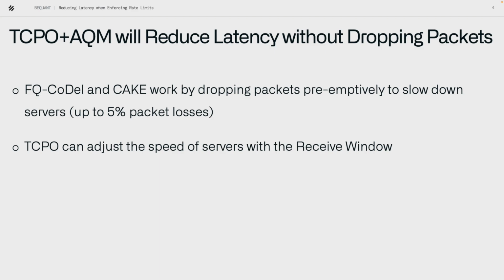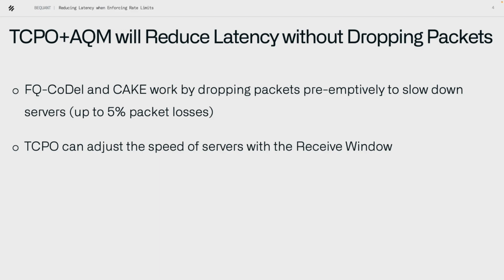However, in the Bequant implementation, we add TCP optimization, which, apart from accelerating TCP downloads, can adjust the speed of servers with the receive window instead of having to drop packets.